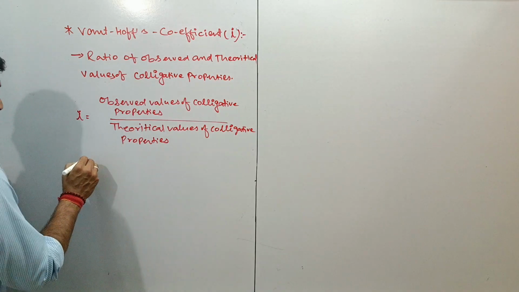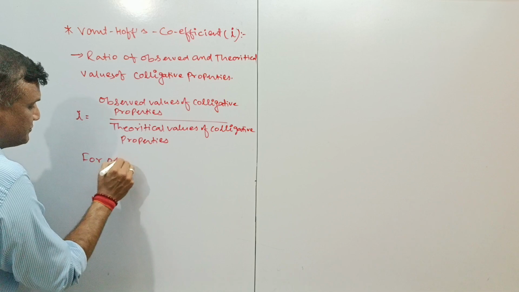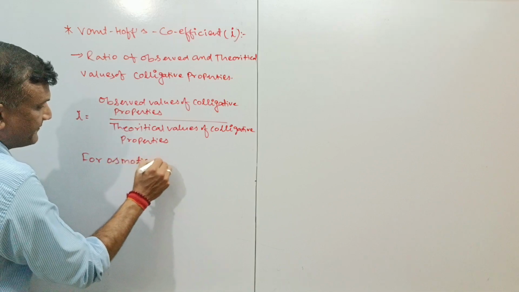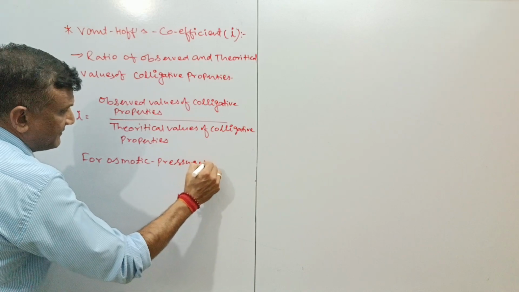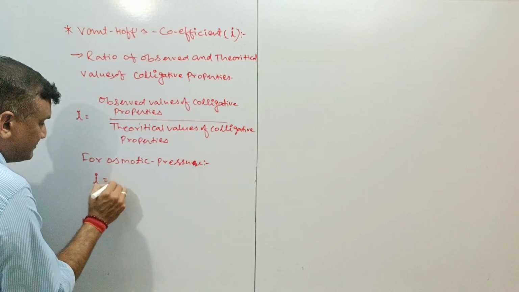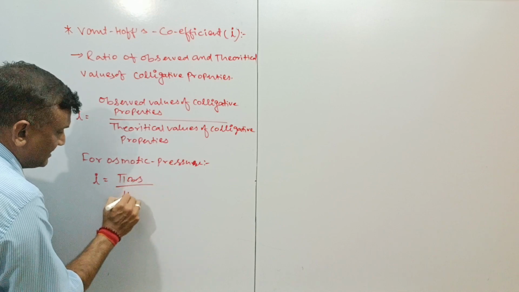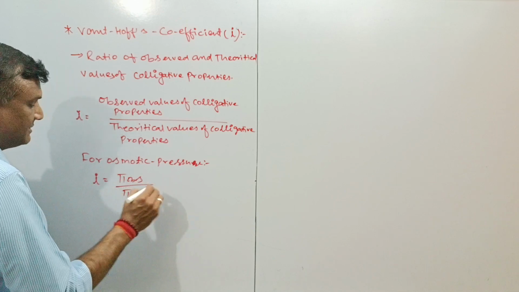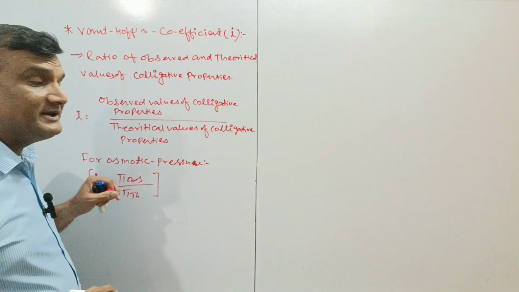Suppose if there is just osmotic pressure, for osmotic pressure it will be i is equal to pi observed upon pi theoretical. This is along with the colligative properties.